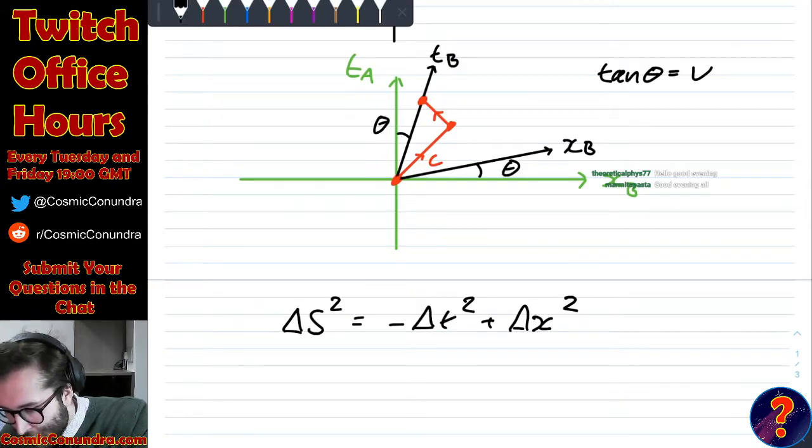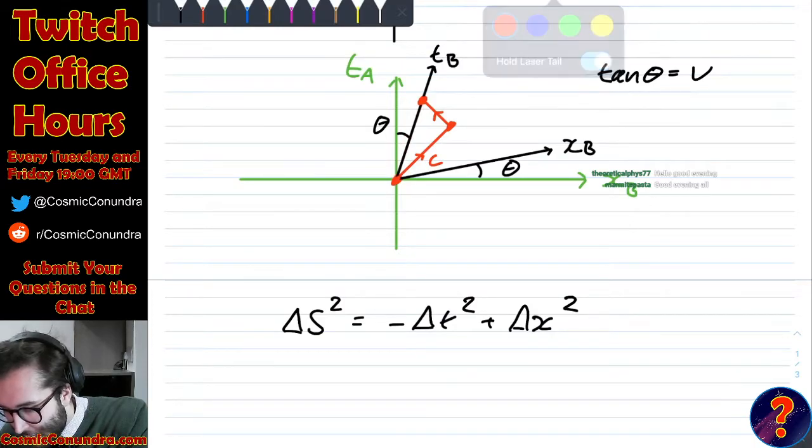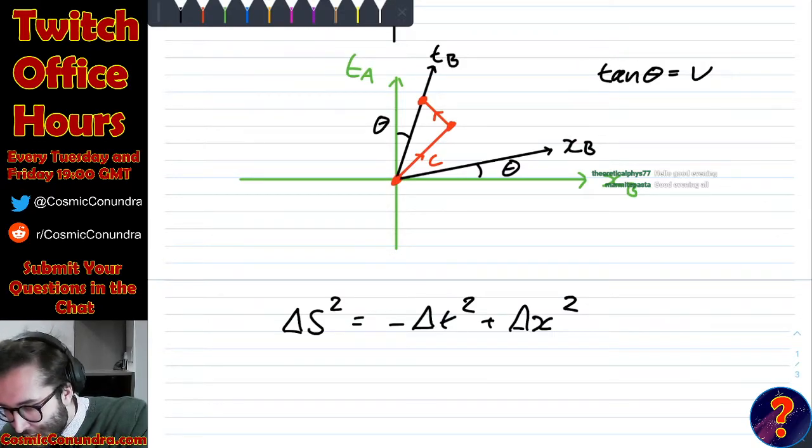And then according to person A, well, now there's a time difference between these 2 points, and there's also a space difference. So given that this angle here is theta, and we have this relation that tan theta is equal to v, we can use that to find this length here, this horizontal length underneath this point.